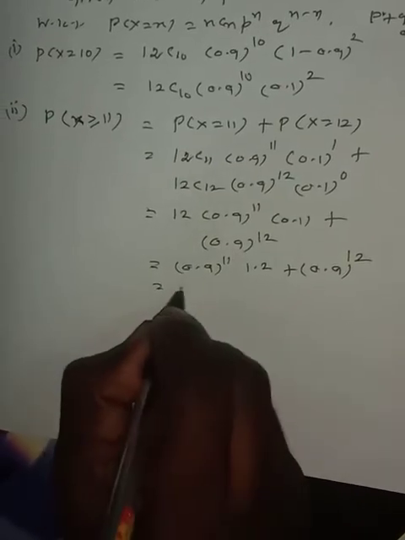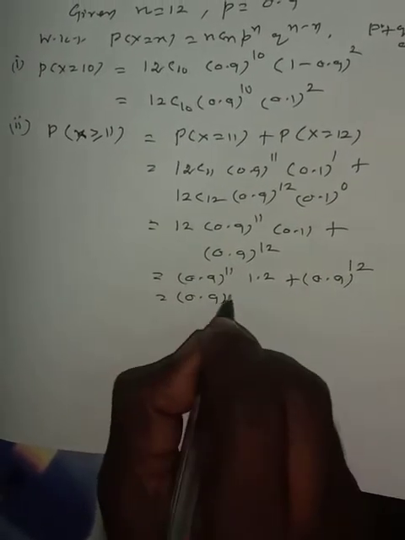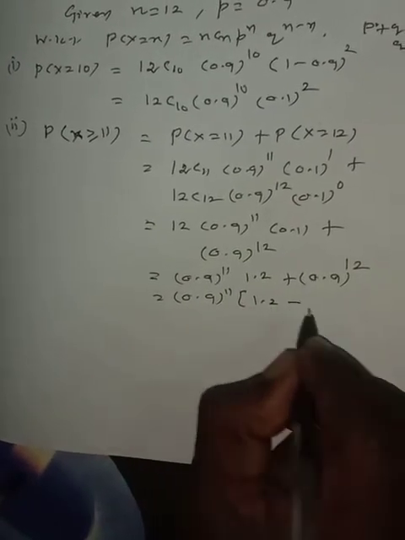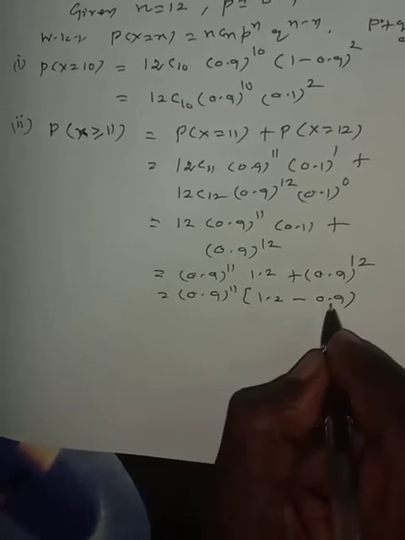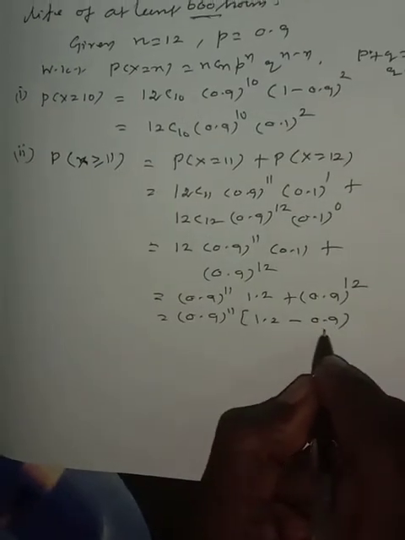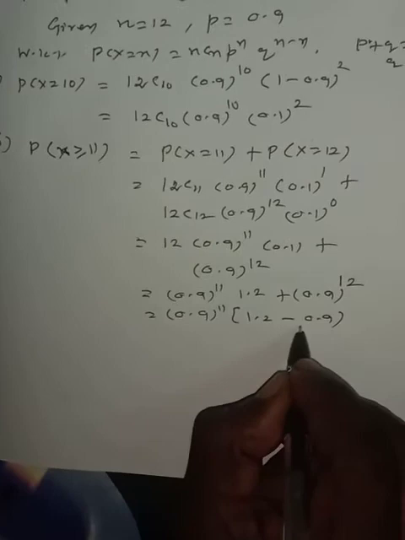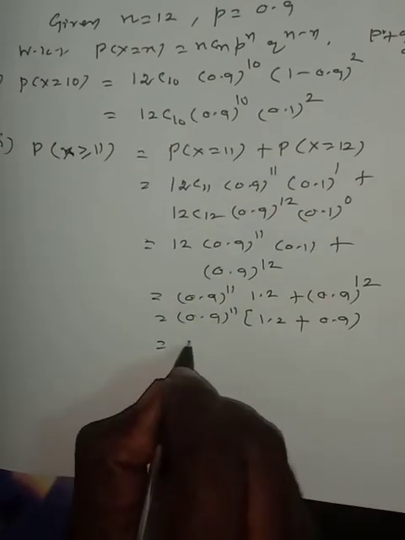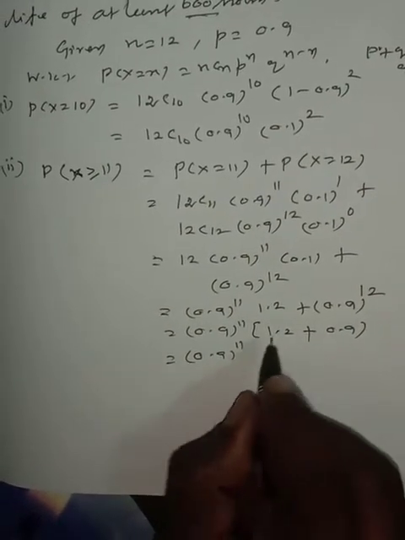Taking 0.9 to the power of 11 common, we get 1.2 plus 0.9, which is equal to 0.9 whole to the power of 11 into 2.1.